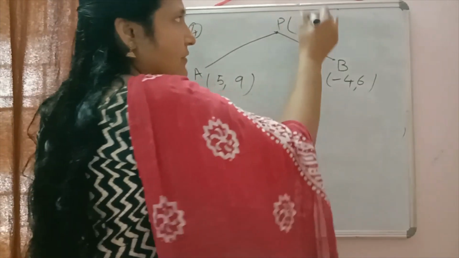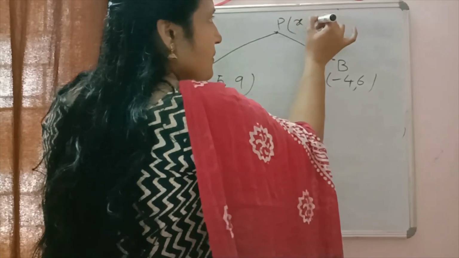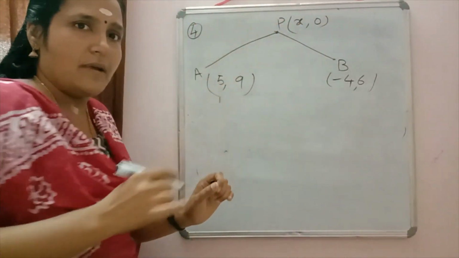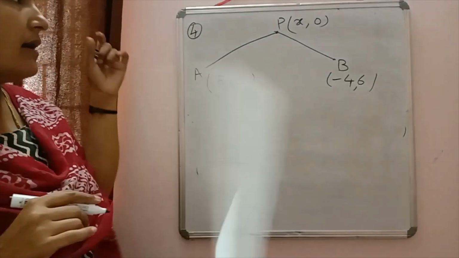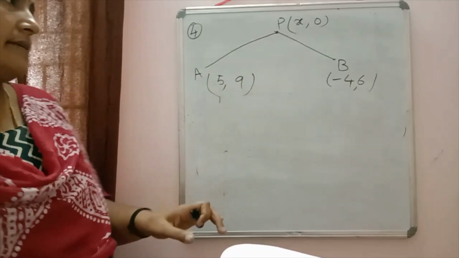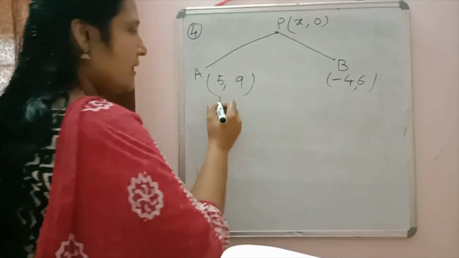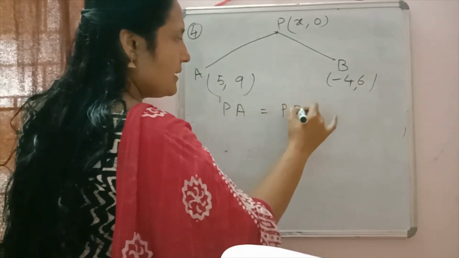So we know if a point is on the x-axis, its coordinate will be x, 0. Any point on the x-axis is of the form x, 0. Now we'll use the concept of equidistant, which was already given in the question. PA is equal to PB.